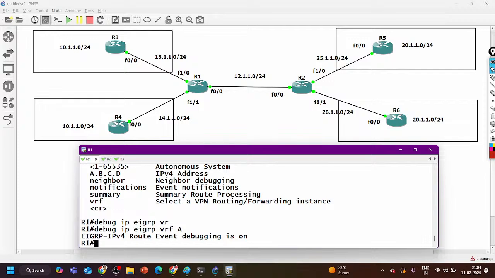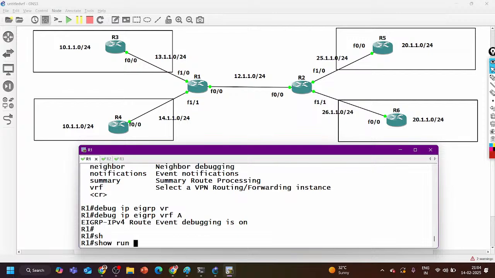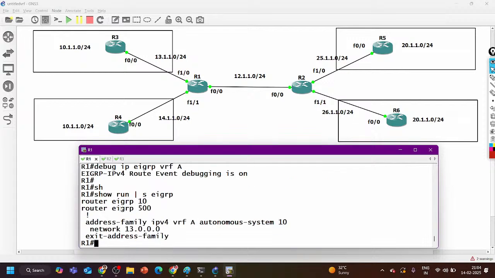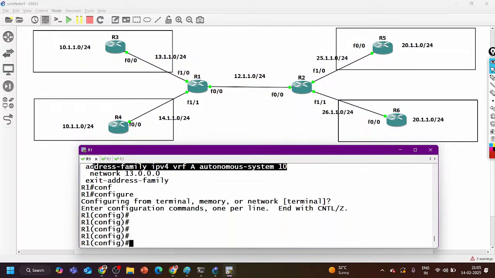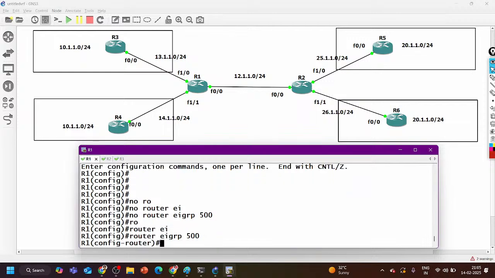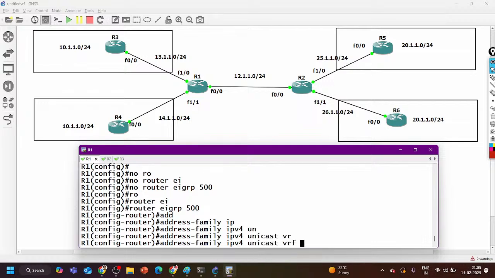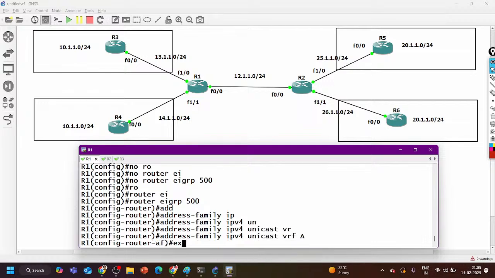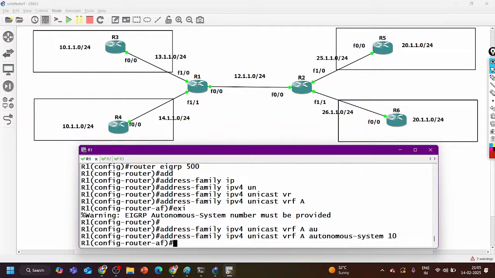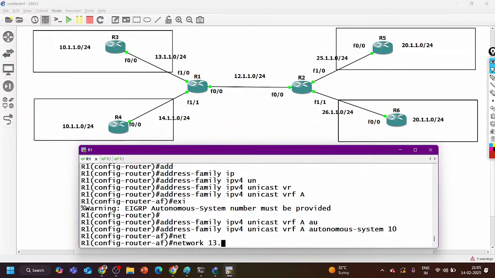These are the troubleshooting and verification commands. So show run section EIGRP, router EIGRP 500, address family.